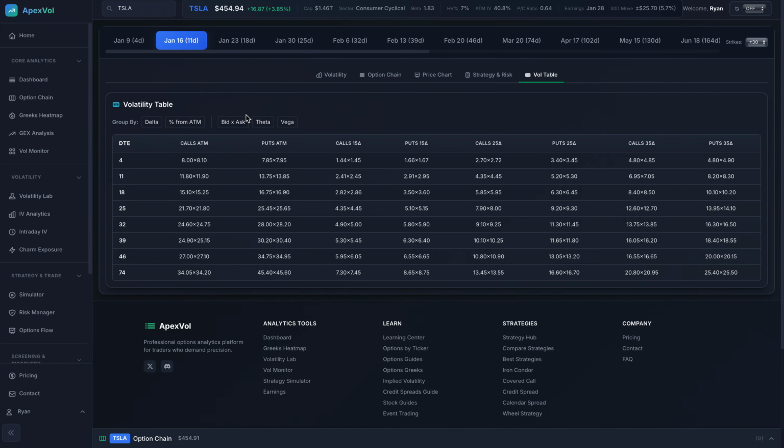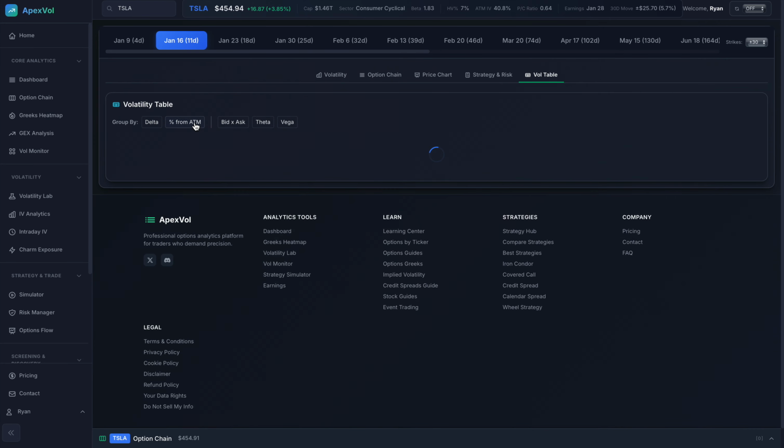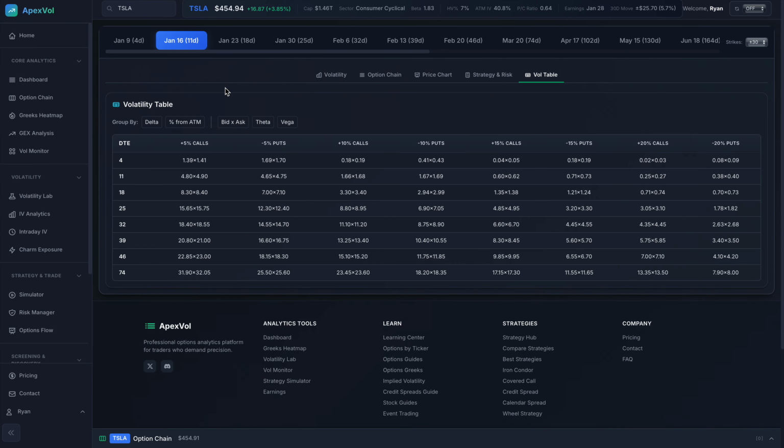We can also split this to show we're at the minute grouped by delta. We can group this by percentage from at the money, and this will show where the up and down 5% calls and puts are. Again, 10% up down calls and puts, and then 15 and 20%. So it helps you see it across the term relating to days to expiration, but it also helps you see it across the specific option chain.